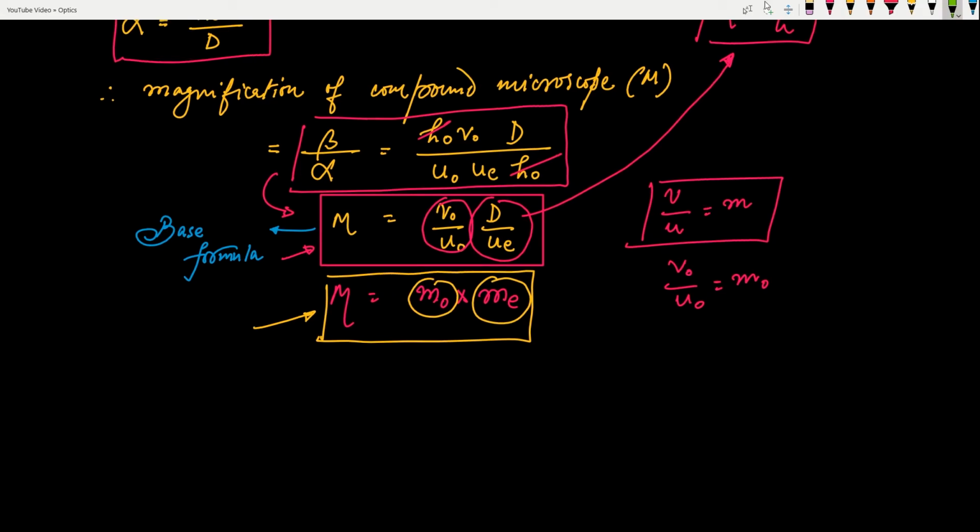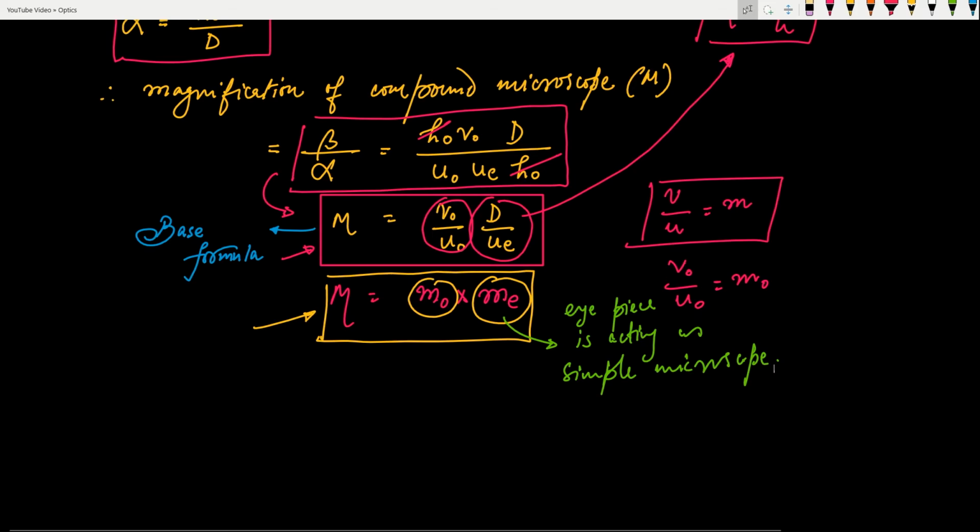Now since you have understood that this is basically acting as a simple microscope, we can say that the eyepiece is acting as a simple microscope. Therefore, it will show all the properties that a simple microscope shows.